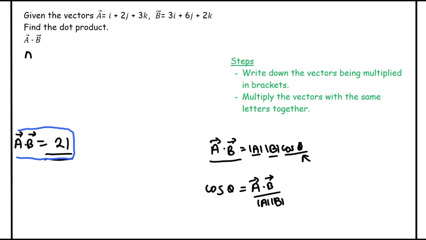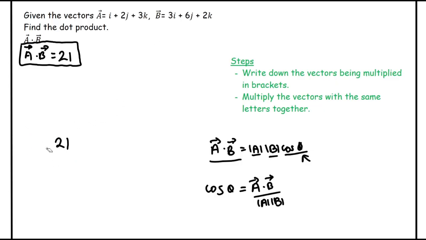Alright, so the dot product itself is equal to 21. We need to find the magnitude of A and the magnitude of B. So the magnitude of A is equal to the square root of the x component squared plus the y component squared plus the z component squared.